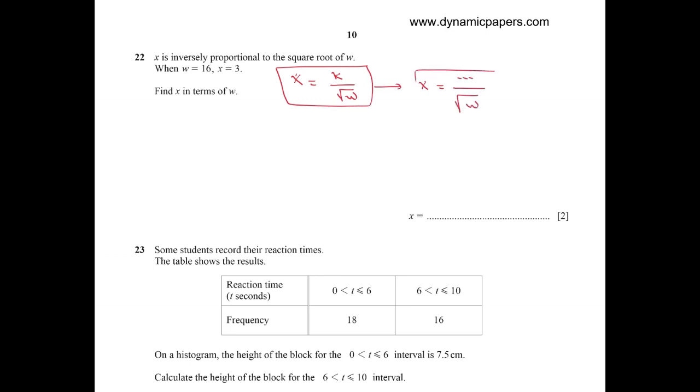We have to find the value of k. To find the value of k, he has to give you the value of x and the value of w. w equals 16 when x equals 3. x equals 3, w is equal to 16, root 16. k equals 12. So the relation between x and w is x equals 12 over root w.